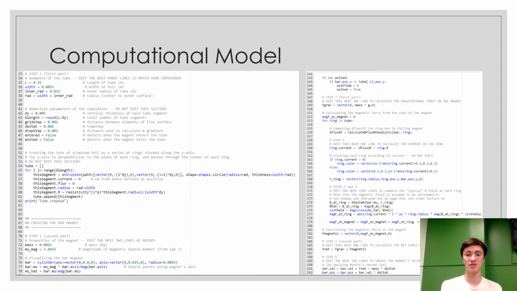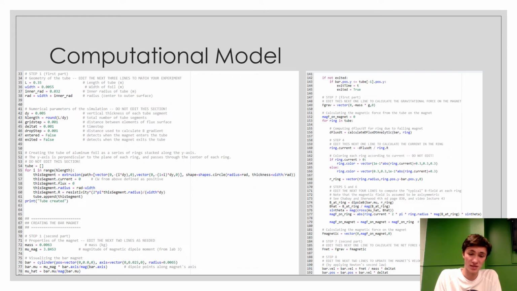So here are some images of the GlowScript computational model, where it basically goes through and finds the magnetic force, or it first finds the induced current that is induced in the tinfoil by the falling magnet, and then finds the magnitude of the magnetic force that induced current acts on the magnet at the resonance of the flux.